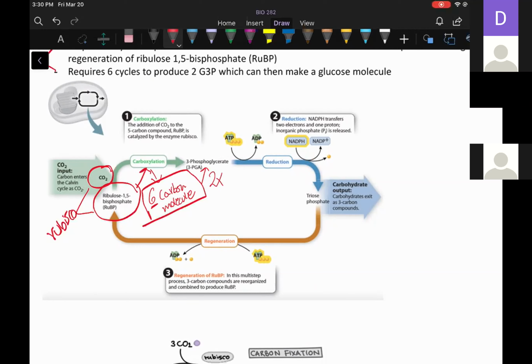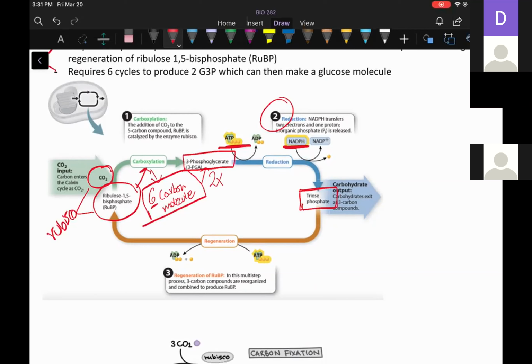Okay, so we'll go on to the next step, which is reduction. In reduction, we're going to use ATP and NADPH to essentially reduce this molecule right here, 3-phosphoglycerate. When we reduce that molecule, we're going to make a triose phosphate.